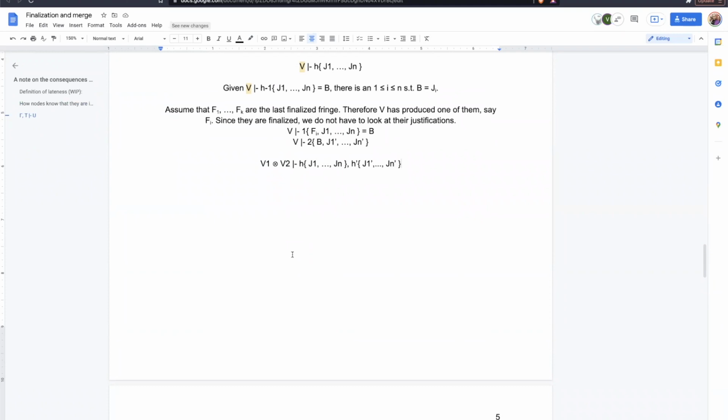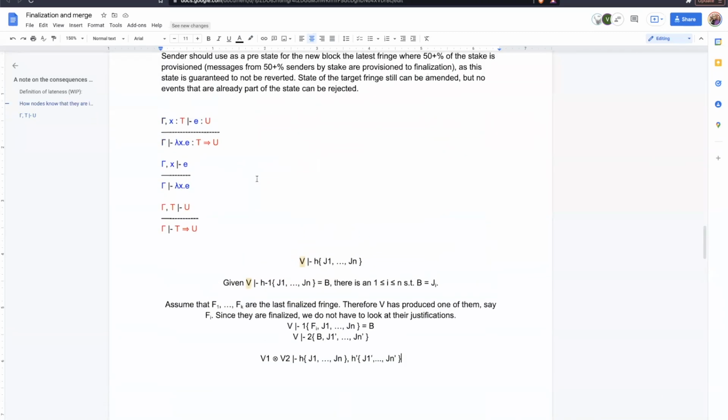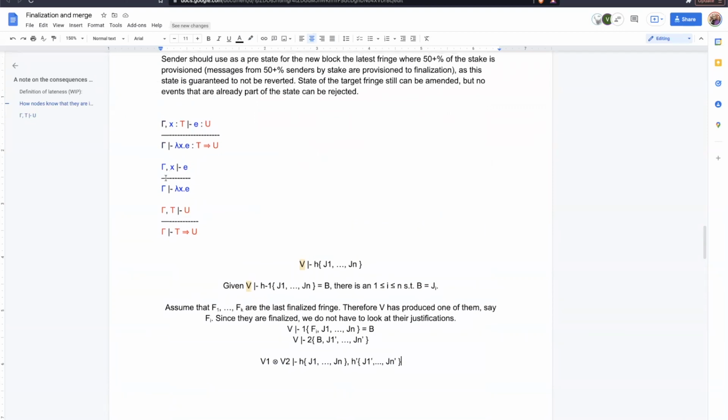So we're using the order on the left and the order on the right to do the combination in very much the same way that, so we have two statements, and there's a way to combine them.